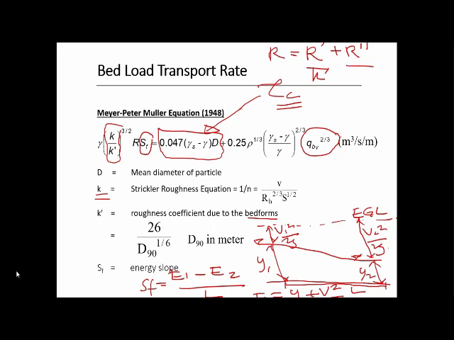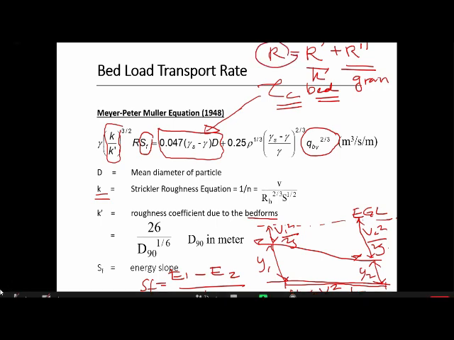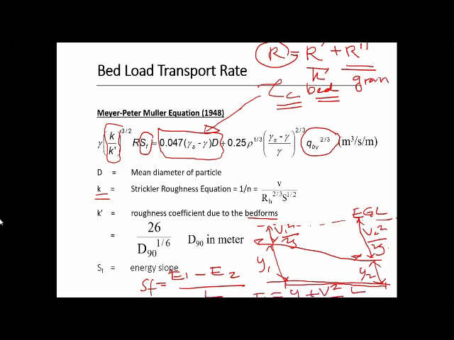And another one is the roughness that is related to the grain. The particle size itself has its own roughness. So if you combine the roughness for the grain and the roughness that is due to the bed form, what you will have is your generalized roughness, a roughness that is related to the sediment and also to the bed in the river.